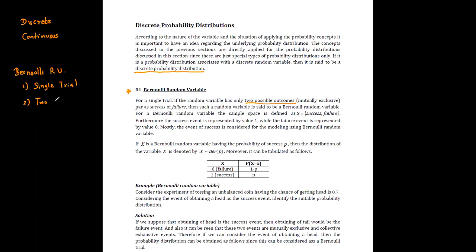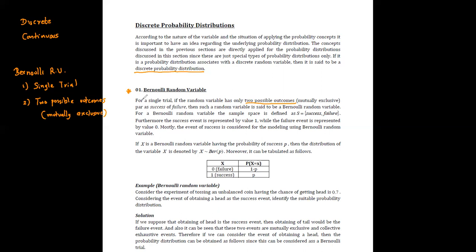You may get one of these two possible outcomes, and these two possible outcomes are mutually disjoint or mutually exclusive. It means that the occurrence of one outcome prevents the occurrence of the other outcome.